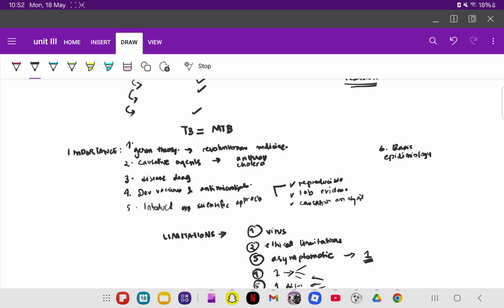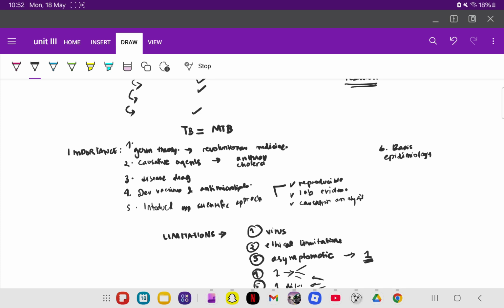This has also helped us in disease diagnosis and development of vaccines. This was the base for us being able to develop vaccines and antimicrobials. Once you're able to identify it, only then can you characterize it and target it.